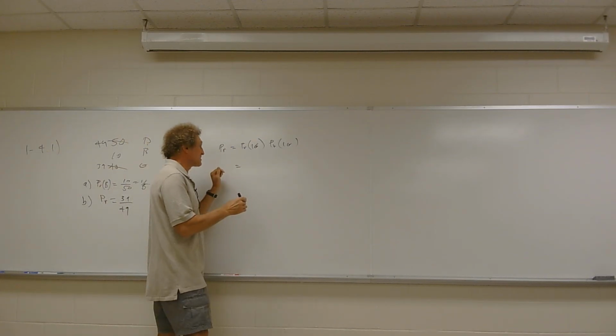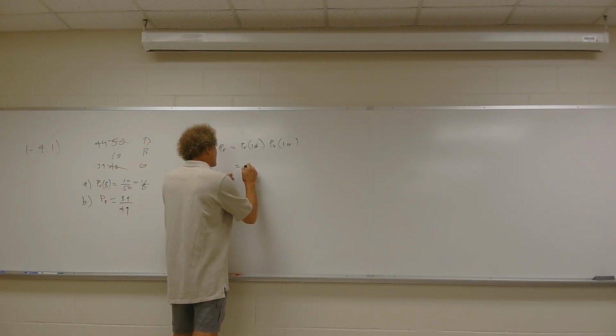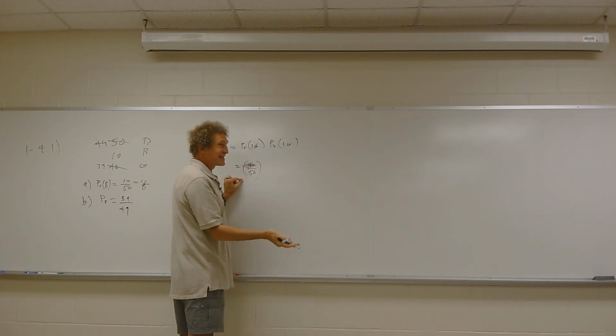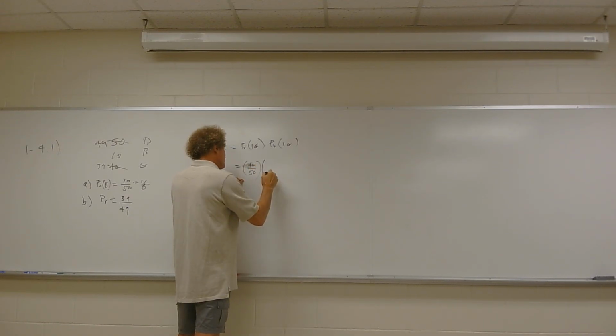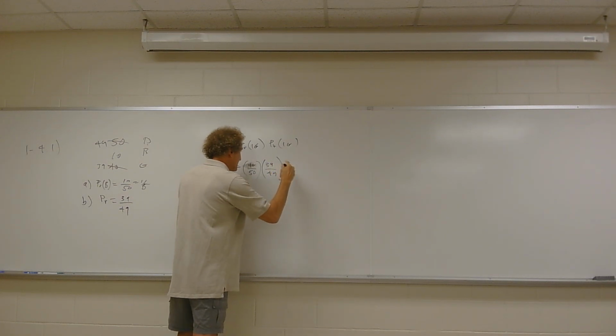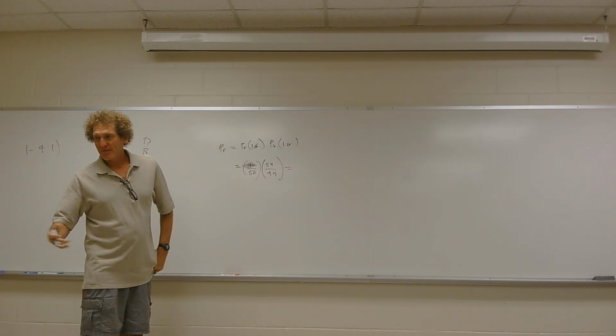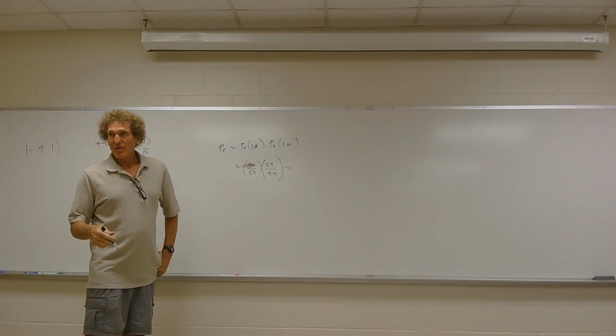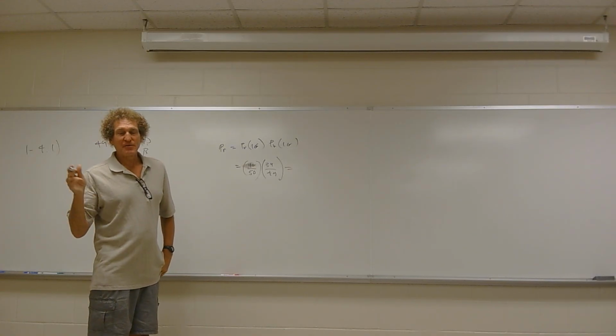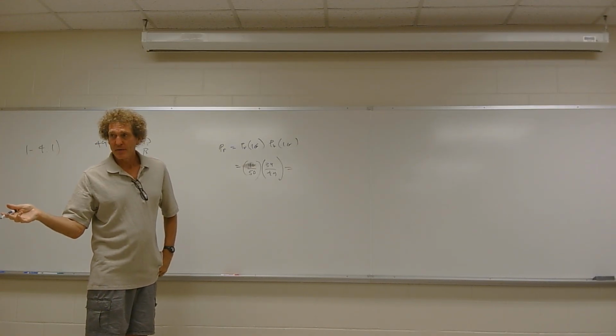So the probability the first event occurred is good is going to be 40 over 50. And then the probability that the next one is good is what we just did, 39 over 40. And that's that number. Is that it for that one, right?